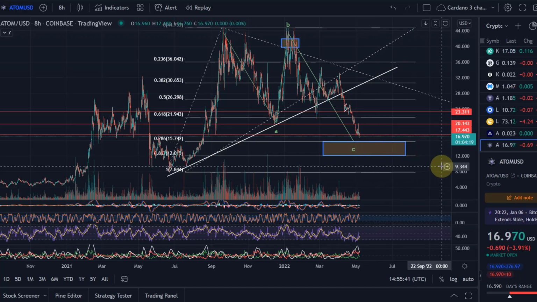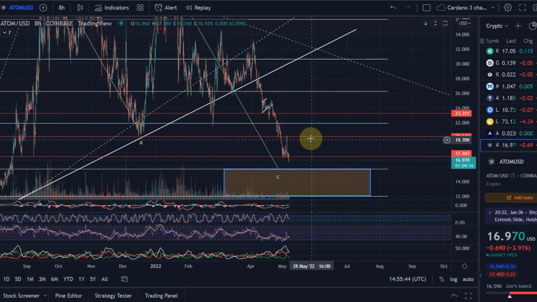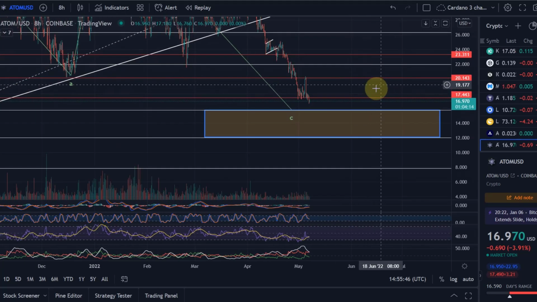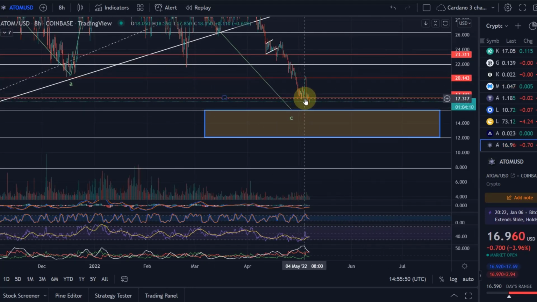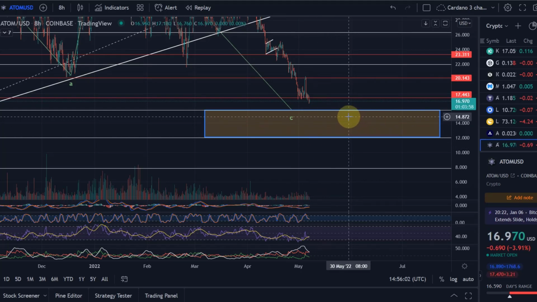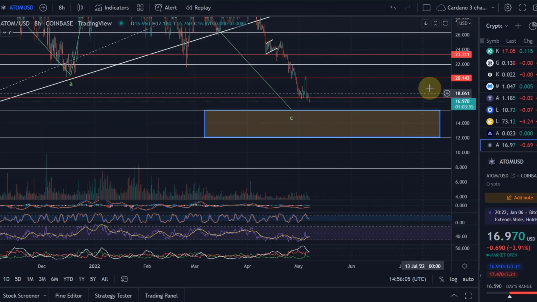This is where I expect the price to get to. We are not far away, and the fact that we dropped first below $20 and now also below $17.50 just adds to that bearish scenario, or actually it's a bullish scenario. If you zoom out, it's a bullish scenario because in this area, primarily from what I can see now, I would expect the reversal to the upside.